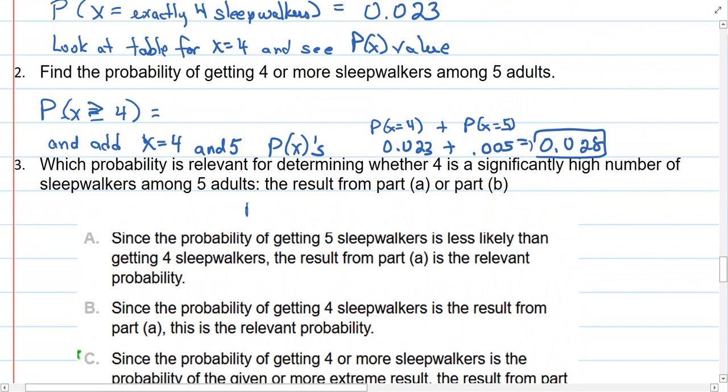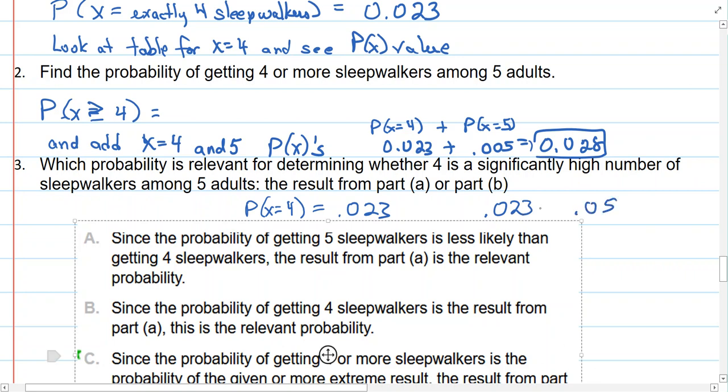So the P of x equals 4 is 0.023. So we're going to evaluate 0.023 with 0.05. Well, this guy is less than that guy, isn't it?